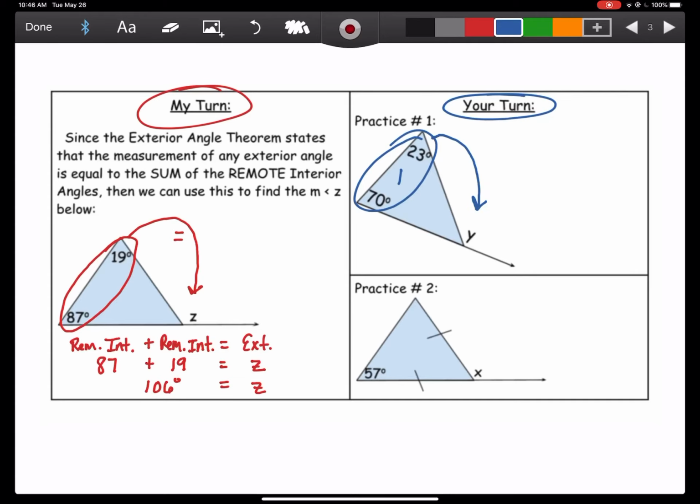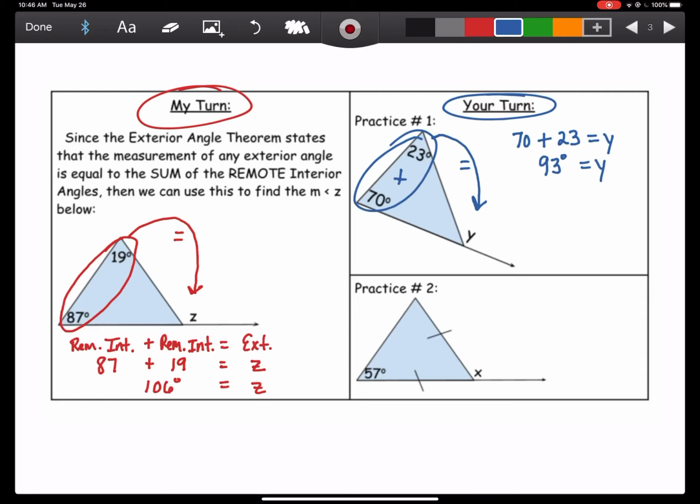So you could even put like a plus sign in there, and then equals, okay? Now, we're going to write it out like this though. 70 plus 23 equals Y, okay? Or you could say Y equals 70 plus 23. And then we get 93 degrees equals Y.